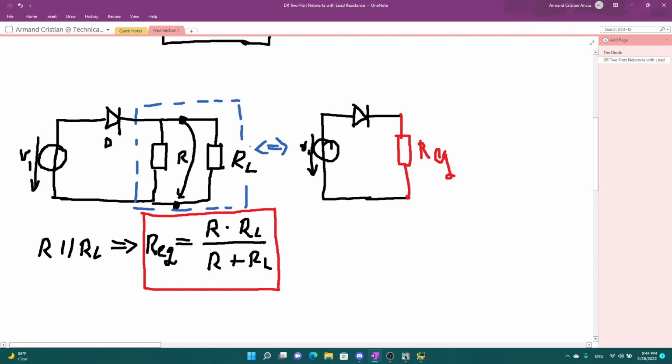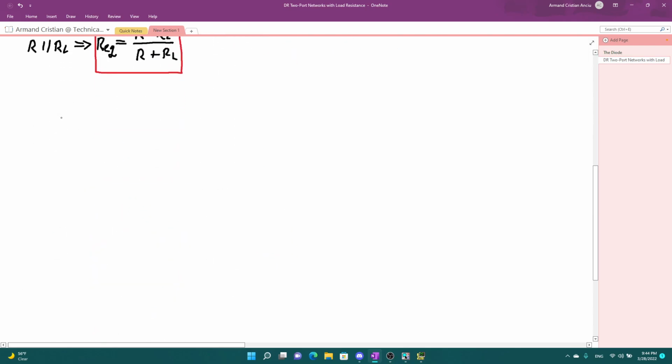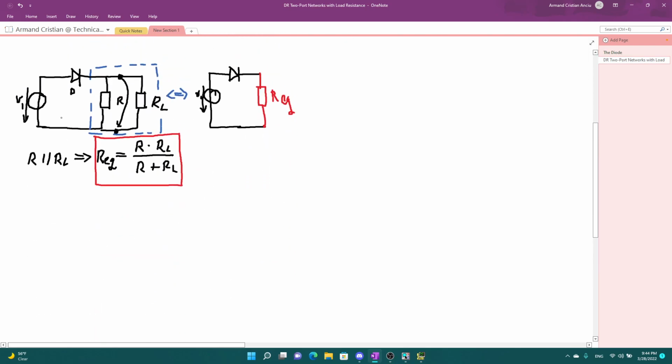But we don't need two resistors in parallel to do that. We can only use one resistor, and that's more than enough. So basically, in this circuit, having a load resistor is completely redundant.